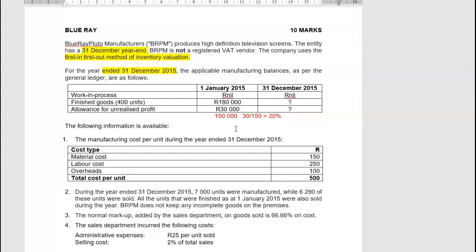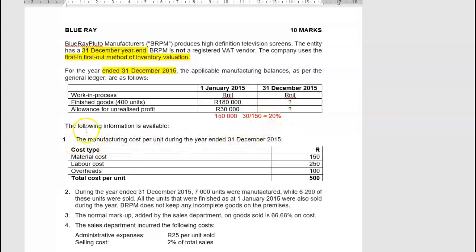Right, so where does the 30,000 come from? That is what they gave us. The allowance was 30,000, the actual cost price was 150,000. Therefore, our markup percentage is 20% from the factory environment to the sales department.